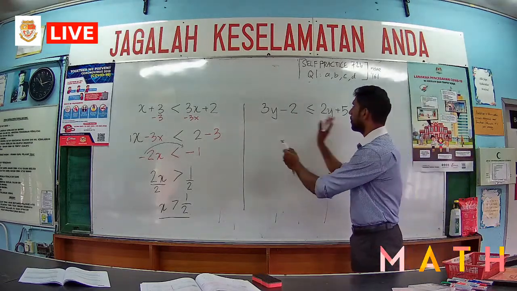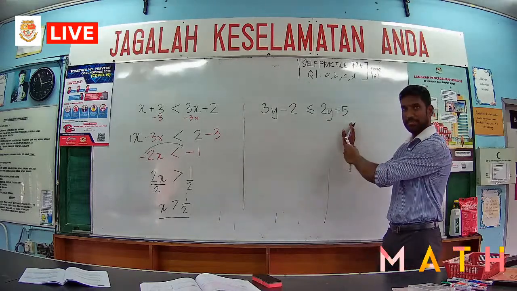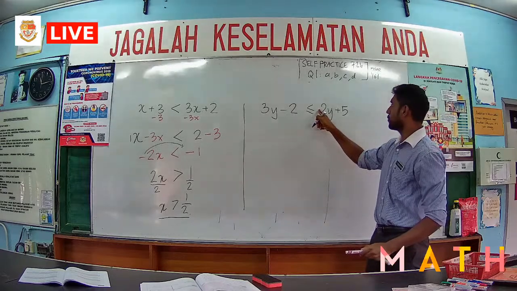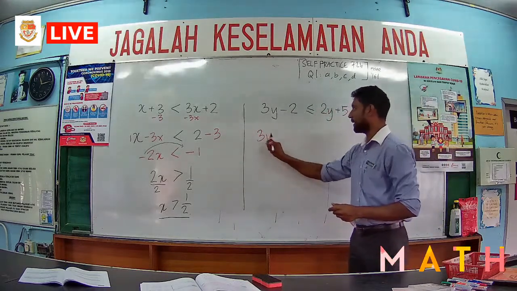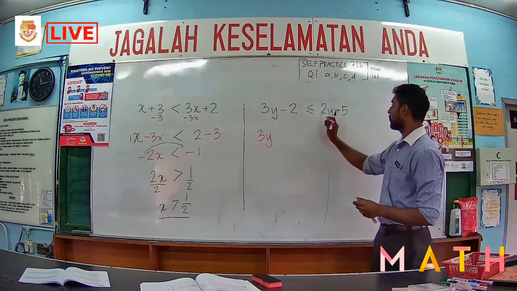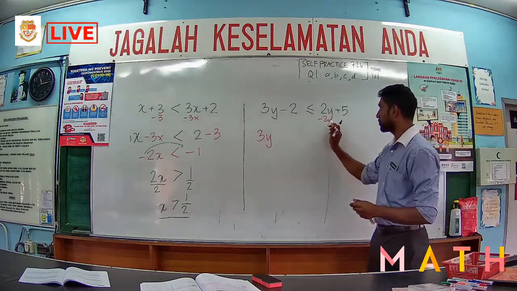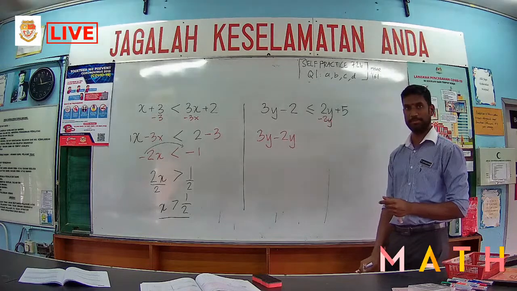We must keep all the unknowns in one section and all the numbers in another. You don't want the 2y to be here because we keep the y in front, so we are going to minus 2y. If you minus 2y here, you are going to minus 2y here as well.